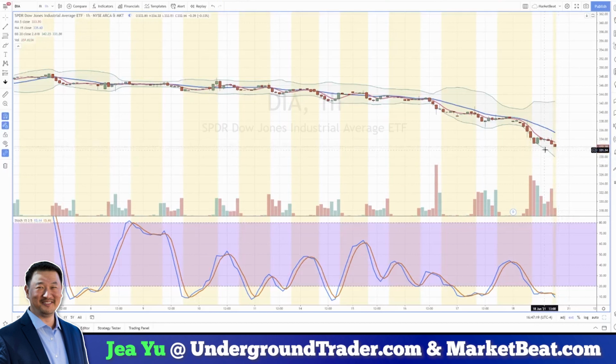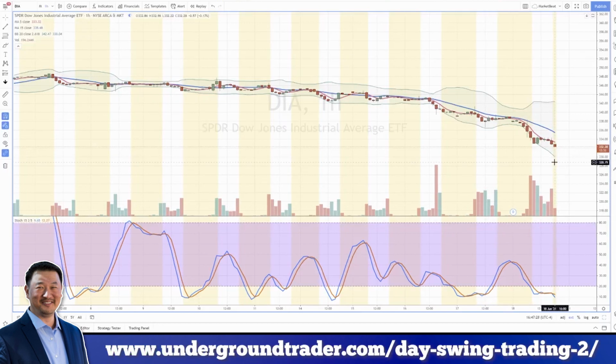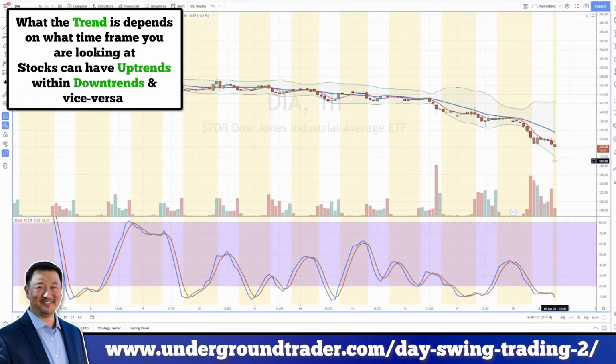Now, this is where it gets a little complicated. This is your basic rifle chart, but understand that a stock can be in an uptrend and simultaneously be in a downtrend at the same time. And that's because the wider time frame can be an uptrend, but the smaller time frames can be a downtrend.